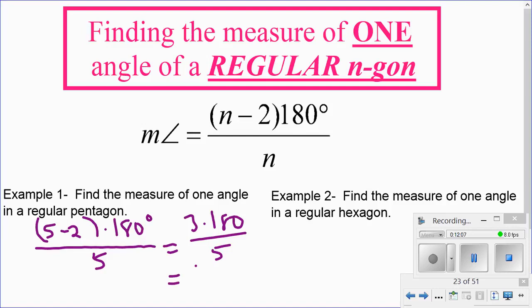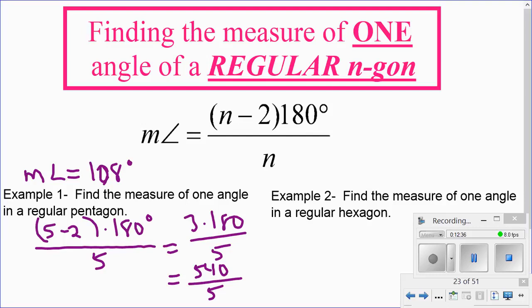So 3 times 180 we already got before is 540, and we're going to divide 540 by 5, and that'll give us the measure of one interior angle of that regular pentagon. So 540 divided by 5 is 108. So the measure of one angle is 108 degrees.